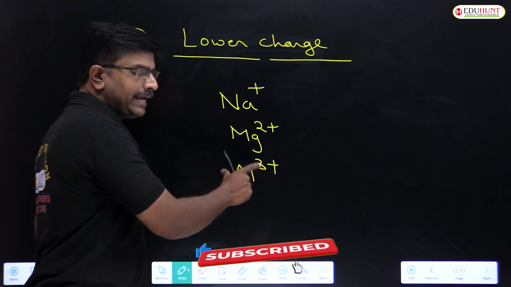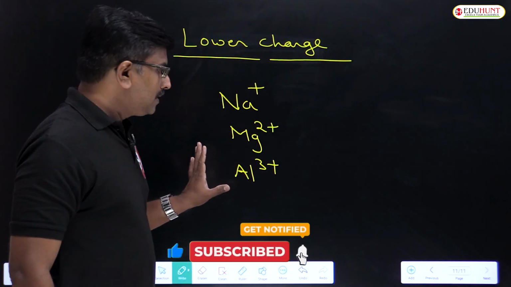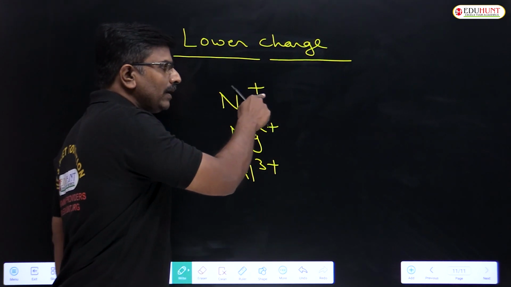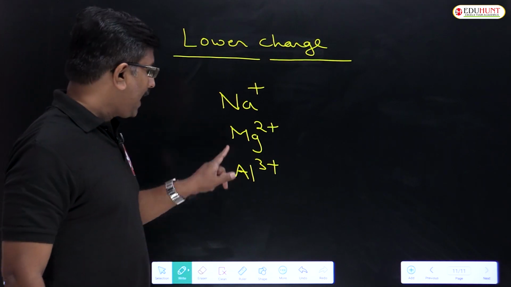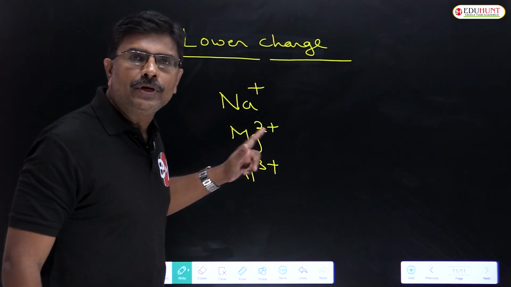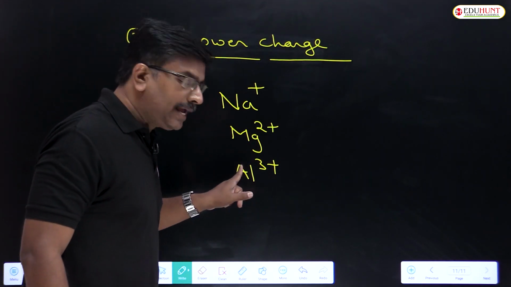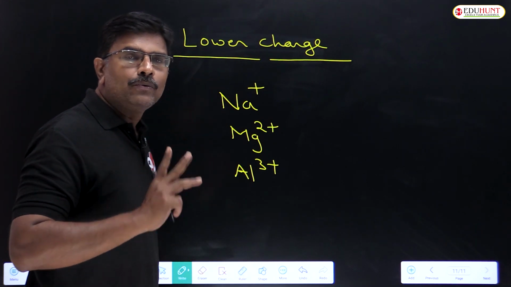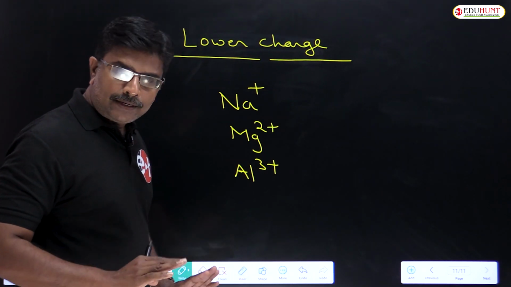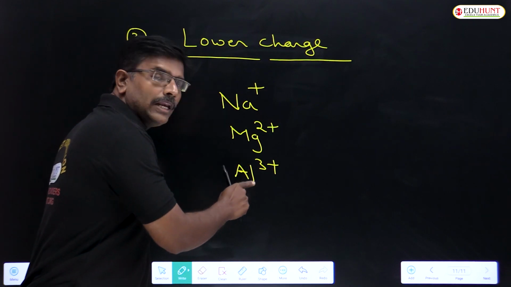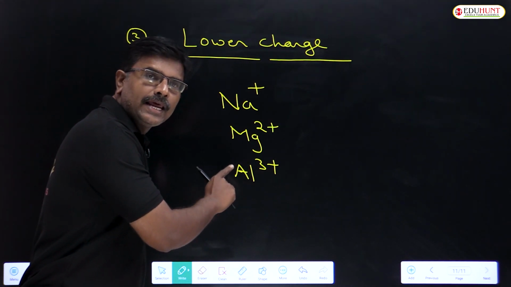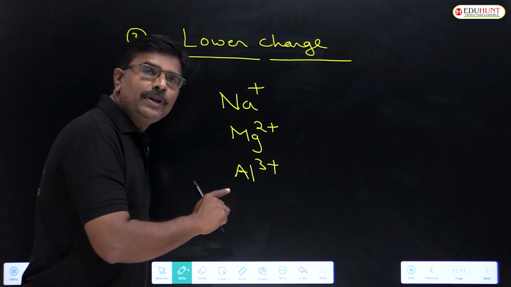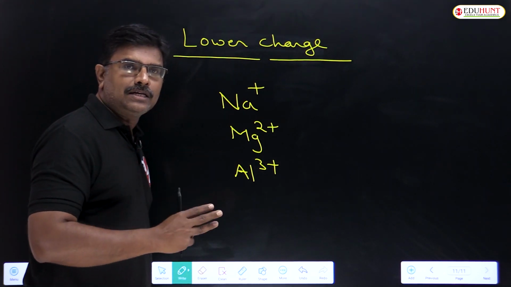among these 3 ions, sodium has only 1 unit of positive charge, magnesium has 2 units, whereas aluminum has 3 units. That means if an aluminum cation has to be formed, aluminum should lose 3 electrons.